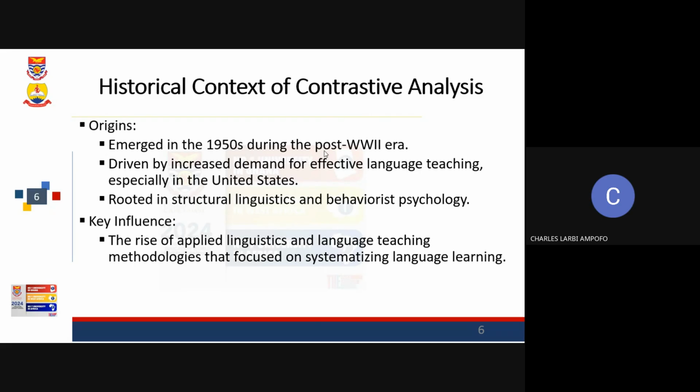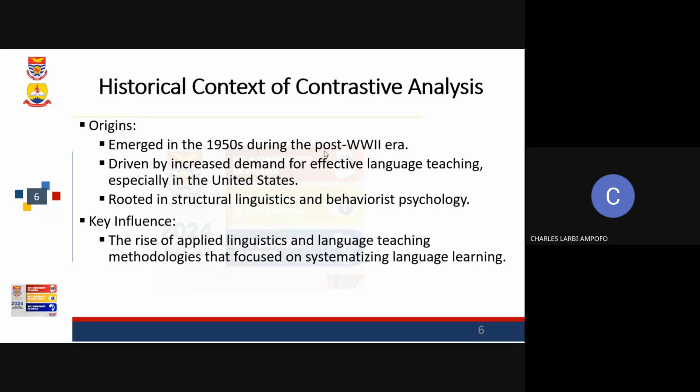When wars occur, we see instances of migration, right? People move. So in Europe, people moved from one country to the other. People moved overseas. Some found themselves in the United States and all that. So there was the need to teach them the English language in this context, all right?